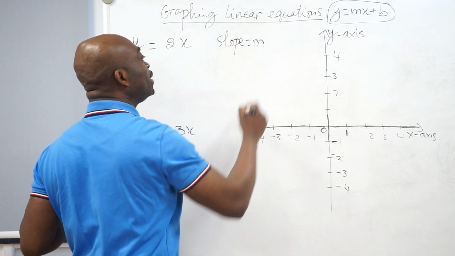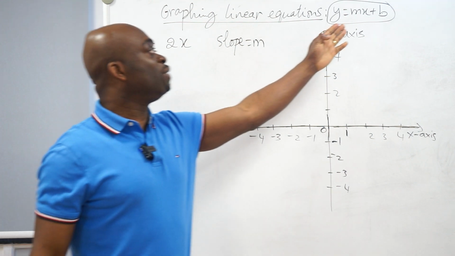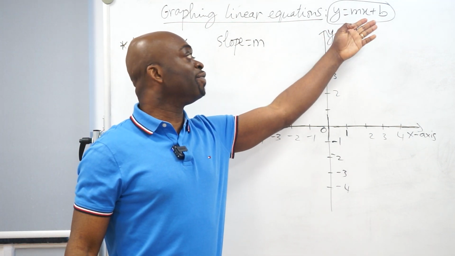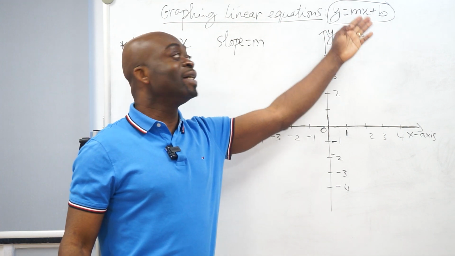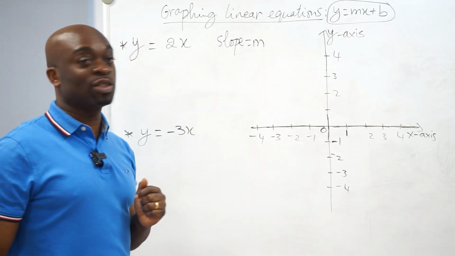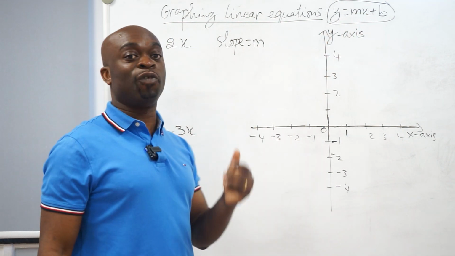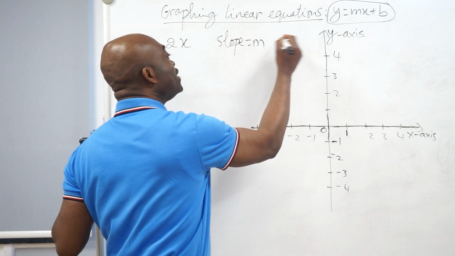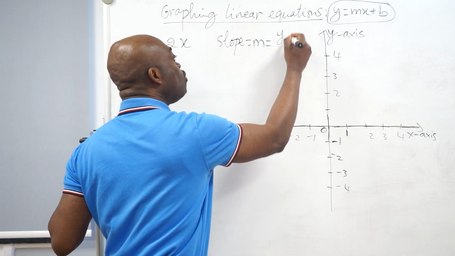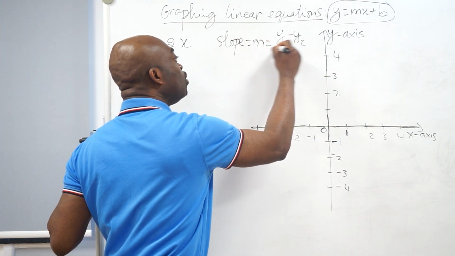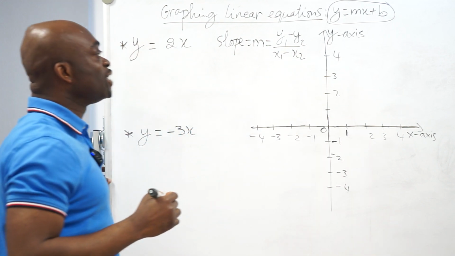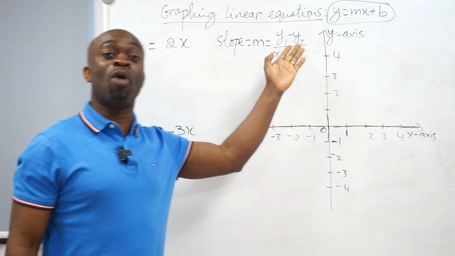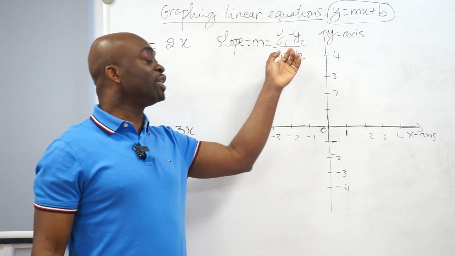The slope, which is m. Once you look at the equation that I put down on the other side, which is y equals mx plus b, that same m is the same thing as the slope. And we said before that m is equal to y1 minus y2 over x1 minus x2. That is the change of y over the change of x.